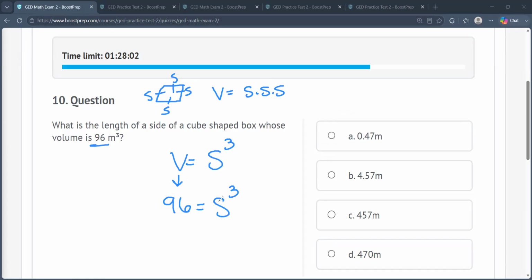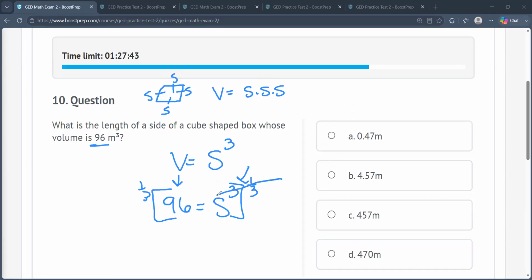So you want to solve for s, right? I got to get rid of this power 3. How would I get rid of this power 3? You could do it two ways. You can take the cube root, or you can raise both sides to the 1/3, right? It's the same thing as taking the cube root.